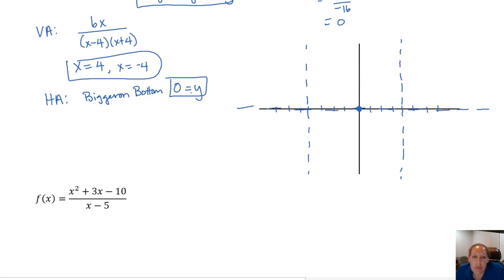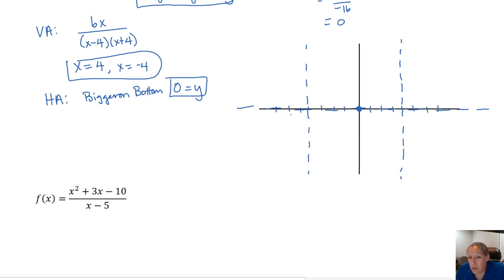The horizontal asymptote is just telling us what's happening as x gets really, really big, either closer to positive infinity or closer to negative infinity. So it's okay to cross a horizontal or an oblique asymptote, but we will never cross a vertical asymptote.